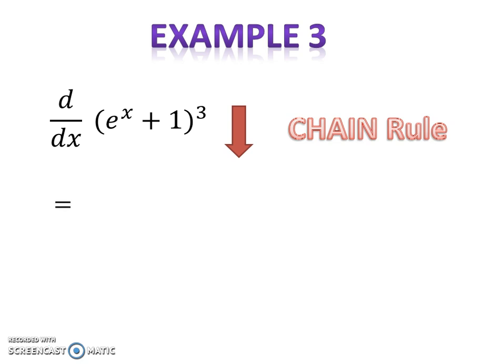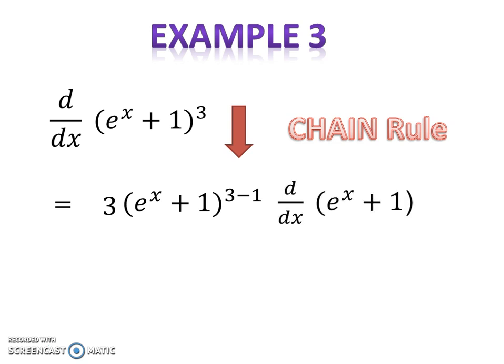We bring it down, and then the power 3 minus 1. And don't ever forget, you need to differentiate the things inside the bracket. People always forget this part. So from the outside, go to the inside. The inside is the things inside the bracket. So do it slowly. When you differentiate e power x, you get e power x.